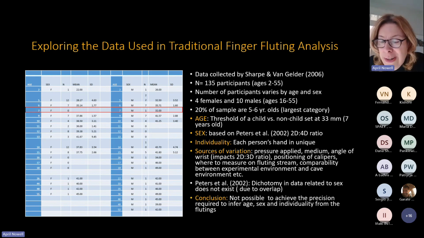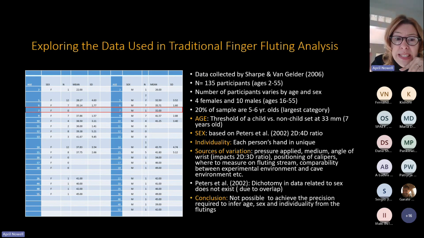We talk about moon milk or precipitate, but it really varies from cave to cave, because of the level of moisture and other things, and that can have a real impact on the measurements as well.